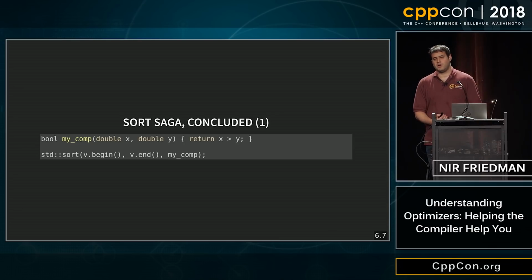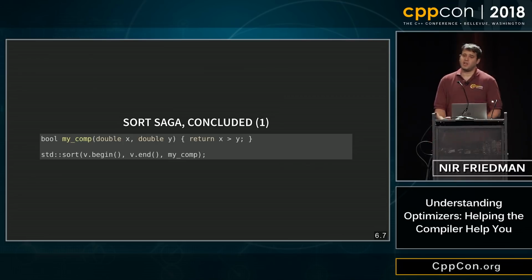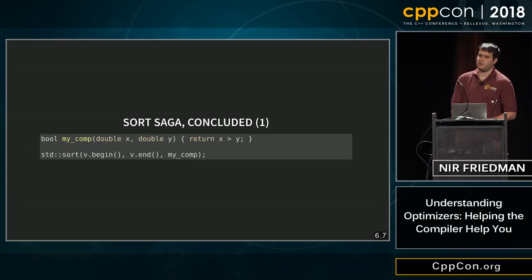So remember, now you're going to say, well, but I'm calling sort with a constant, right? But we saw in the previous example, if sort is not inlined, and it's not going to be inlined, it's big, then you're not going to expect MyComp to be inlined into sort either, generally speaking. GCC with O3 will not inline sort, but it actually clones sort, and then you get the inlining.